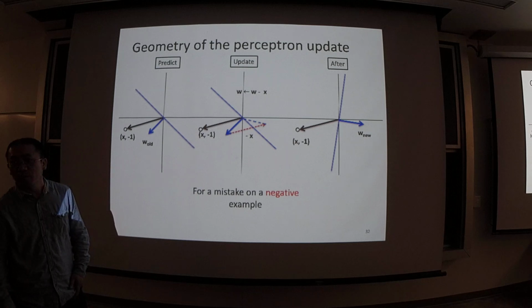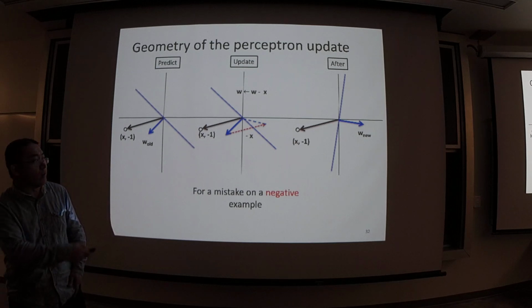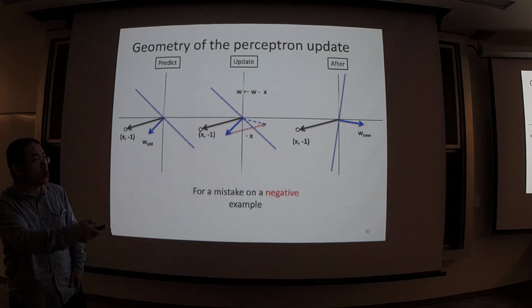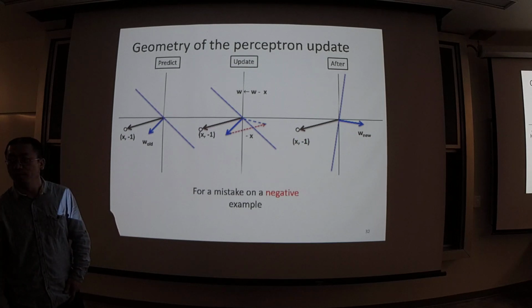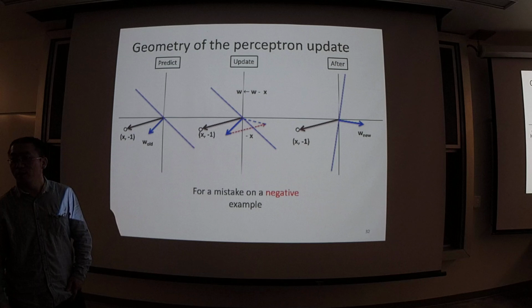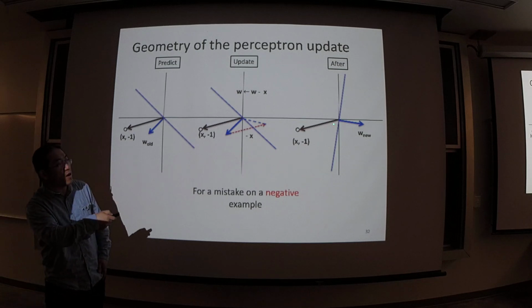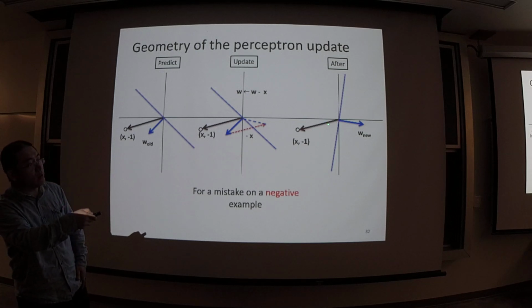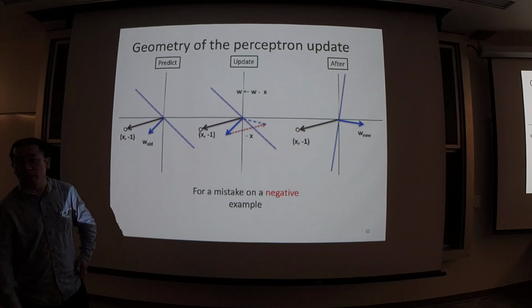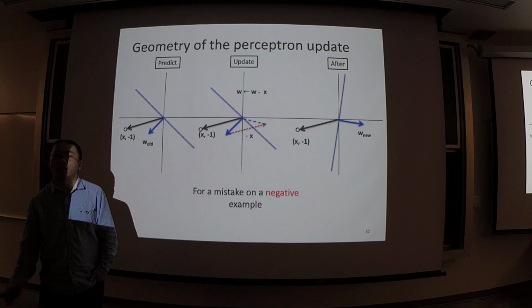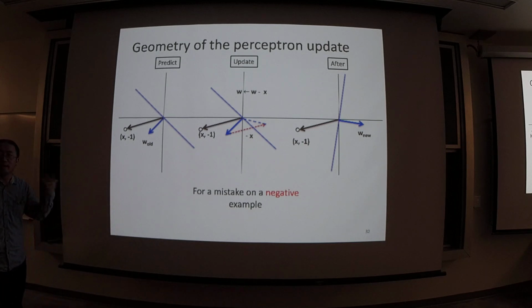Now, what is the classification result on x with this new weight vector? Negative, because now the angle between the input vector and the weight vector is bigger than half pi, or 90 degrees. This is another example showing how, after this perceptron update, we can correct the previously misclassified example.